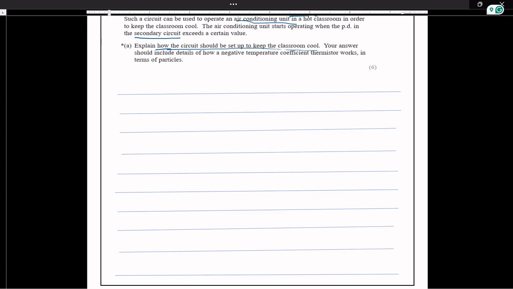So let me write the first part of the answer. As the temperature increases, the number of free electrons also increases.